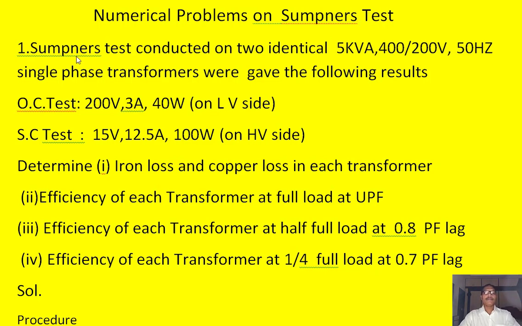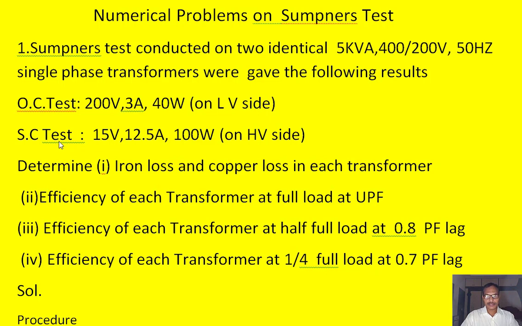So here the data is given like this. The Sumpner's test is conducted on two identical single phase transformers whose rating is 5 kVA, 400 volts by 200 volts, 50 Hz, and gave the following results. The OC test, means open circuit test, the readings are 200 volts, 3 amperes, 40 watts, and it is conducted on the LV side.